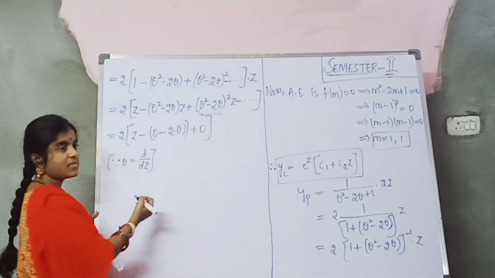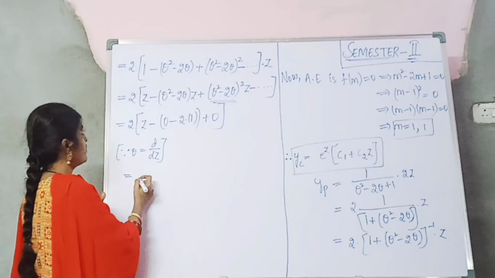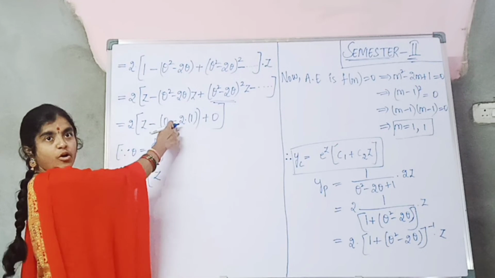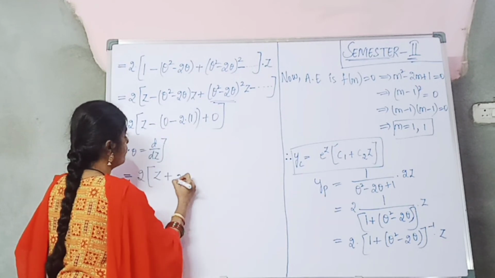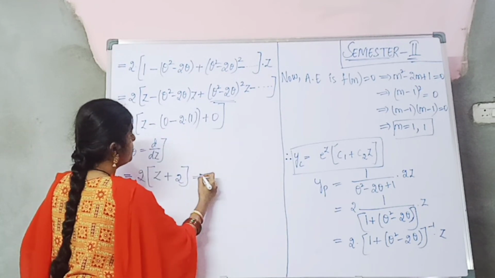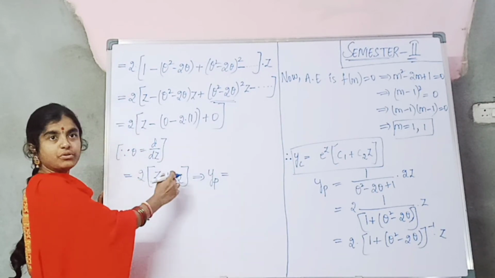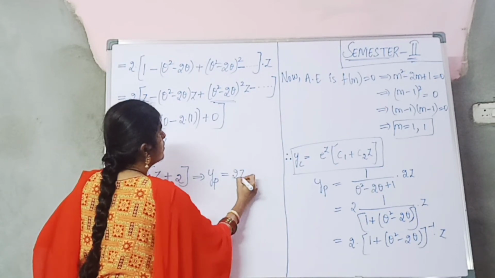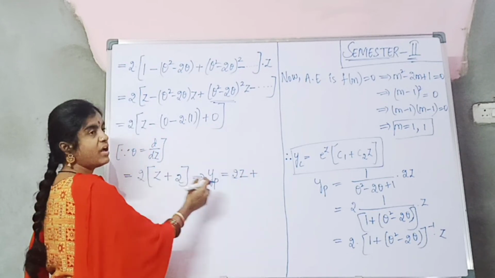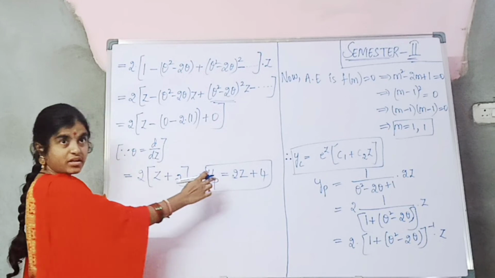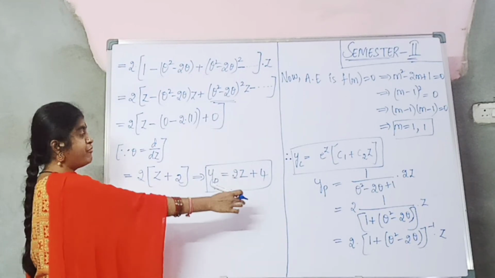So it equals 2 into (z − (−2)), that is z plus 2. So yp = 2z + 4. So what is the particular integral here? yp = 2z + 4.